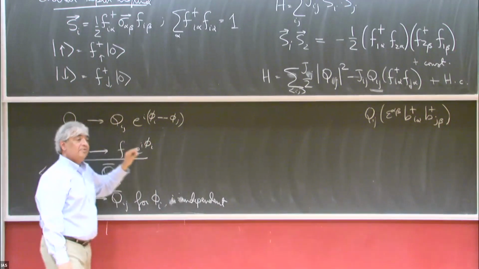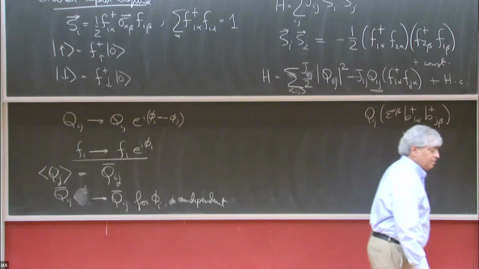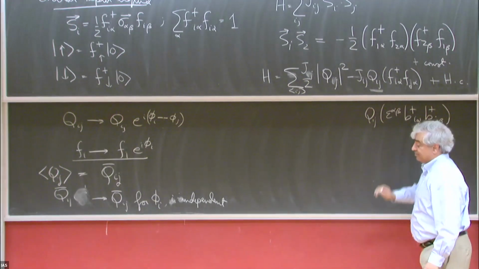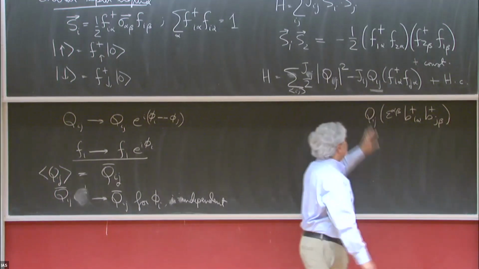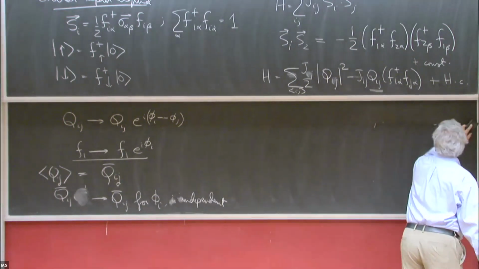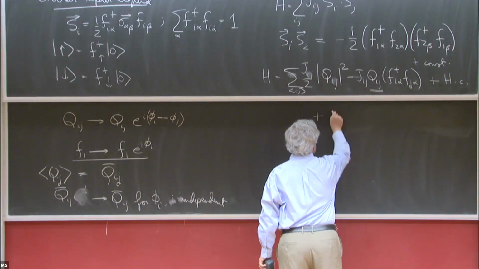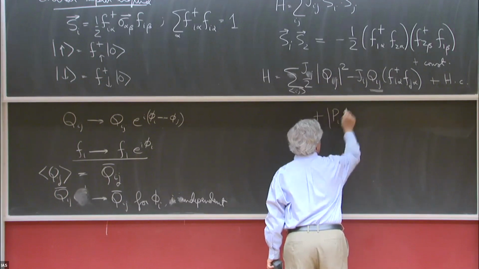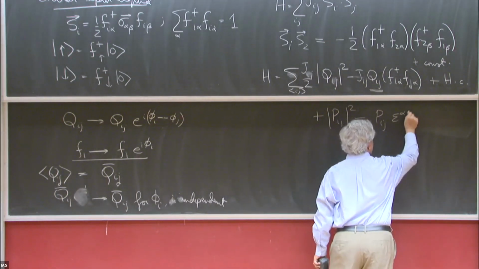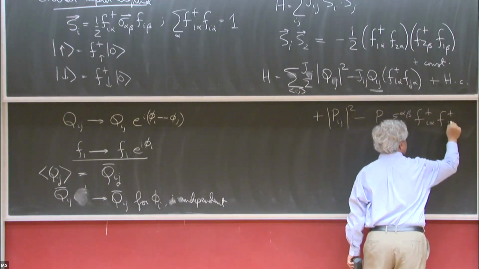But there's no guarantee that there will be a phase. There are also phases without the photon. If you do this decoupling and this is your only Higgs field, then there always is a photon. So you could imagine that you add another term here. You can take the original interaction and also add a term like Pij squared minus Pij epsilon alpha beta f dagger alpha f dagger j beta.